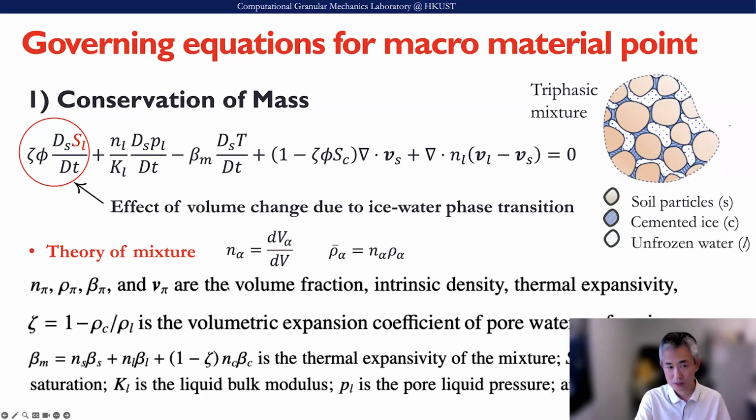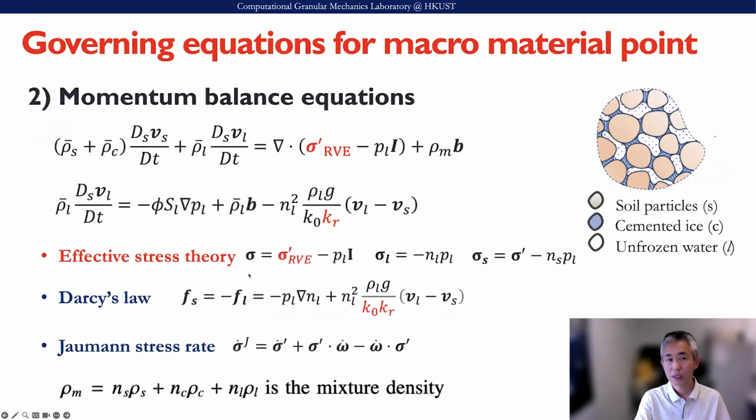Okay, we consider the theory of mixture, and then for the momentum balance equations, we need to consider the effective stress and liquid water pressure, and we consider effective stress theory in this case. So for the unfrozen water, we consider Darcy's law in that part.